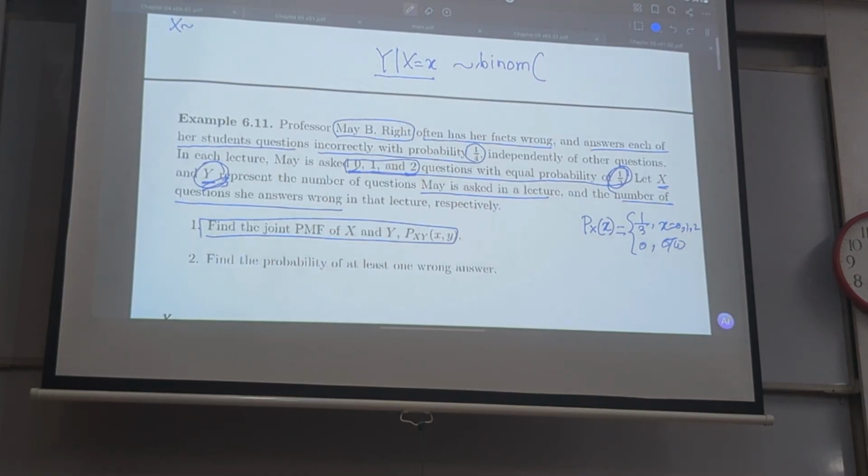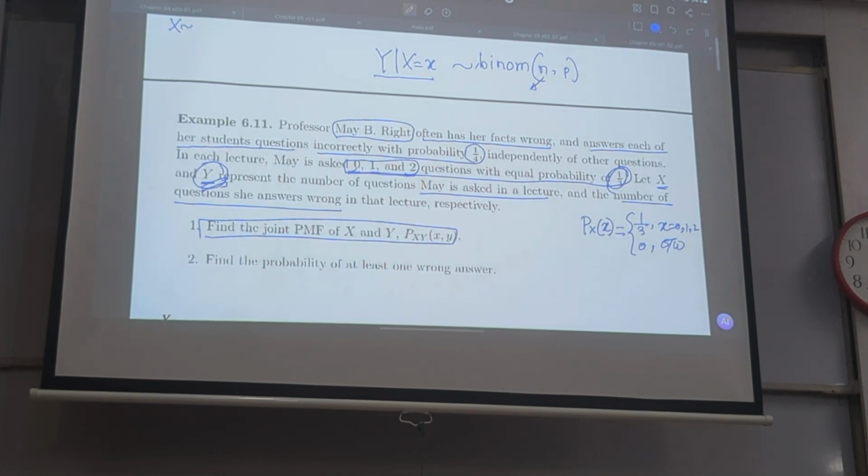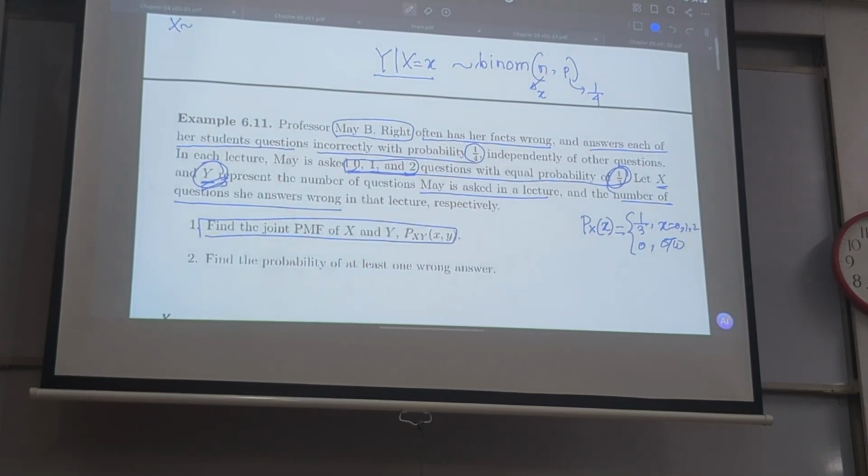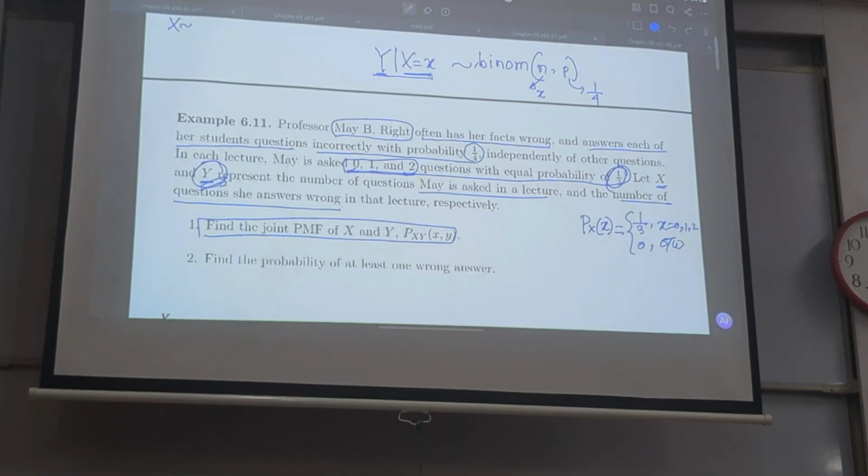n, and what is the value of n? X. How many trials? X. And what is the value of p? 1 by 4. Right? So the conditional PMF of Y is a binomial random variable with parameters X and 1/4.